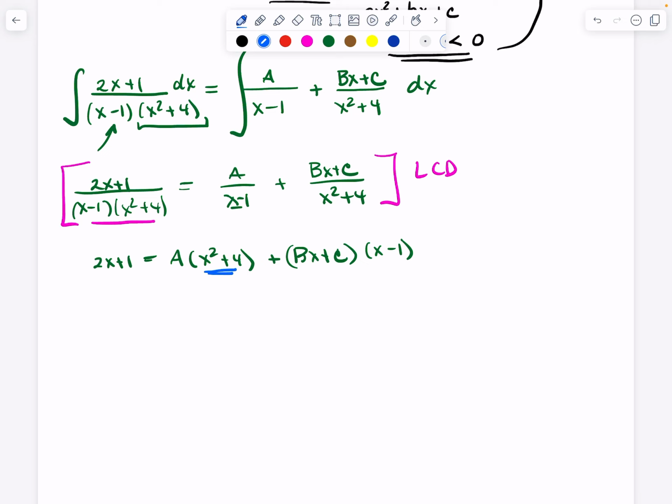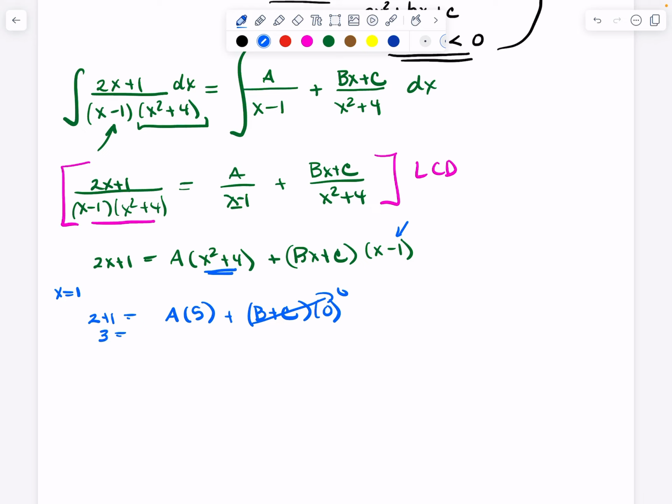So we will not choose that case, but we can zero out that one. So let's start with x being 1, just to make it easier. And then we get 2 plus 1 equals a times 5 plus b plus c times 0. I shouldn't have even written that. That one's all 0 because of that zeroing out.